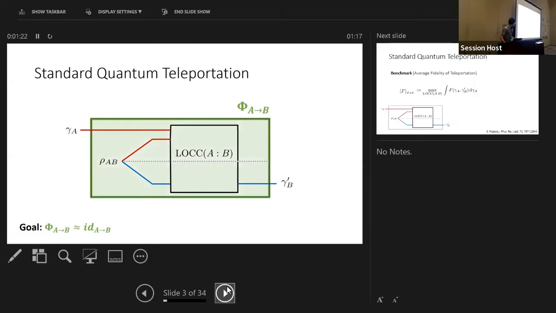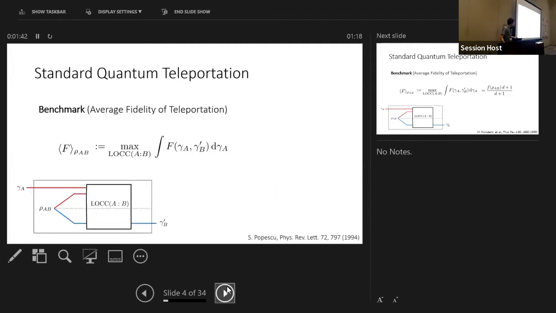So the goal essentially is to simulate a quantum channel to the best of their possibilities from A to B. The goal is to make this green channel phi as close as possible to the identity map. How can we quantify that? The standard way is the fidelity of teleportation.